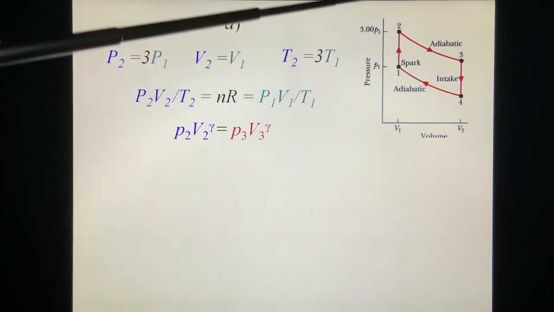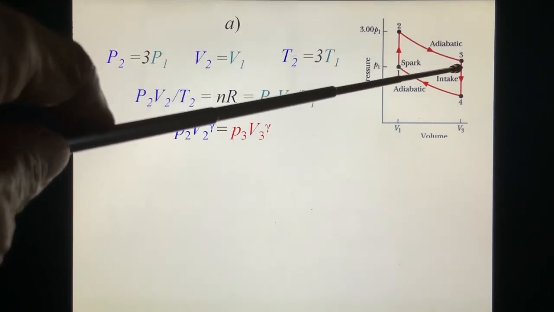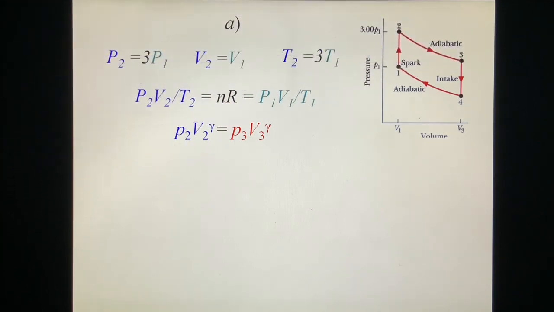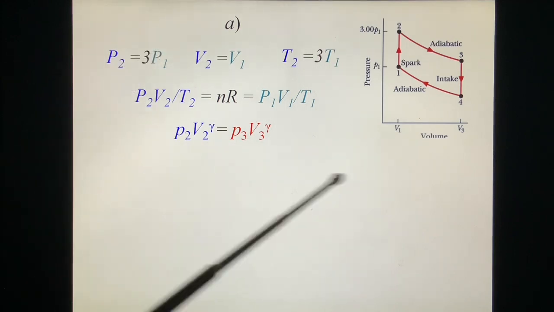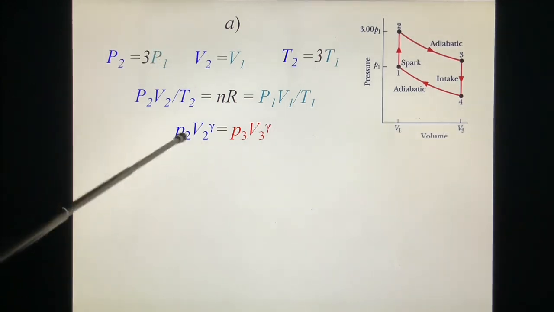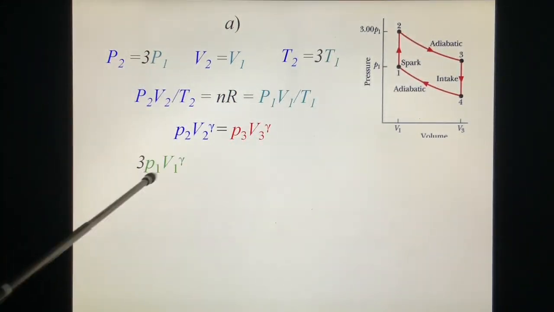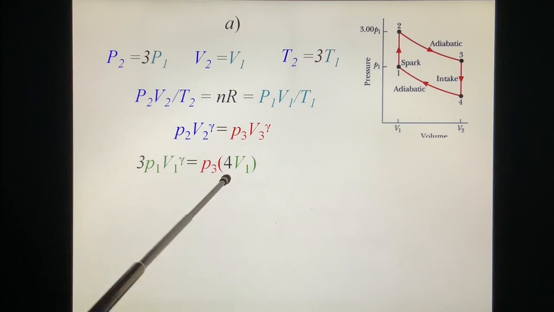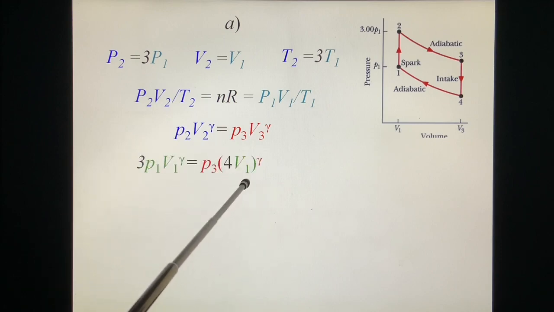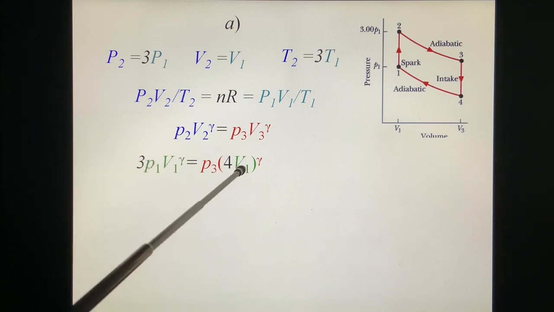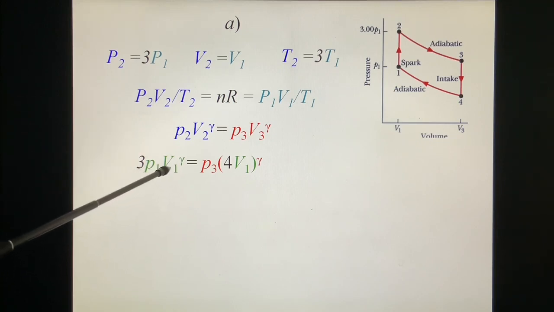Then point 3. P2 V2 gamma equals P3 V3 gamma. This is the adiabatic formula. We know V3 equal to 4 V2, given, and P2 equal to 3 P1.